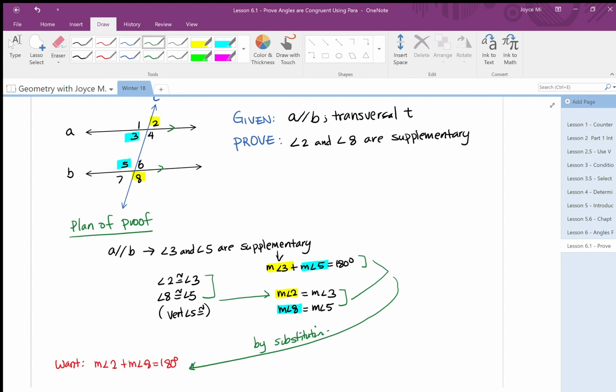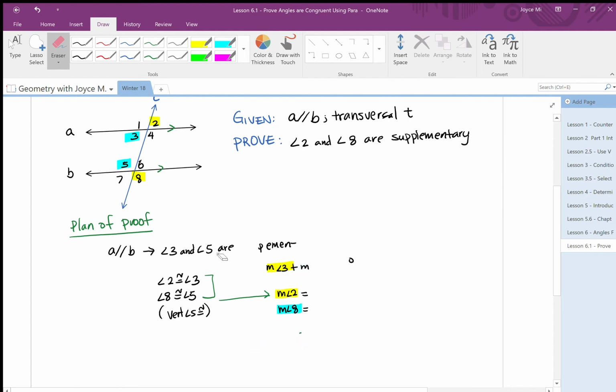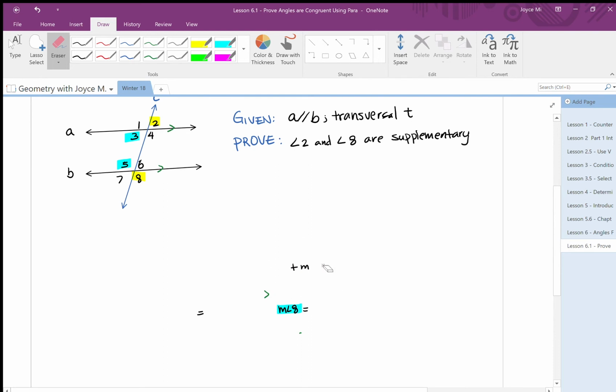I'm going to erase this just so that I have the space. So let me write it. Okay. So again, to do a proof here, I need to write two columns, statements and reasons. So my first part here, I'm going to write my statements on the left. Statements. Okay. And then I'm going to write my reasons on the right.